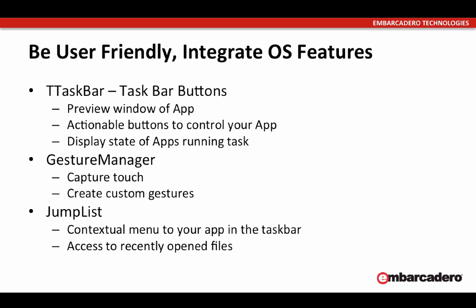Taskbar buttons also can show the progress of a running task within your application or the current state of your application with an animated overlay or icons. This would be useful to indicate to the user the progress of downloading a file or if a file is being copied, for example. Taskbar buttons provide a convenient way for users to interact with and control the app directly from the taskbar.